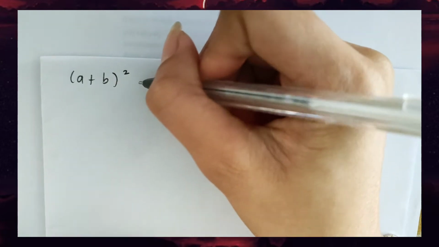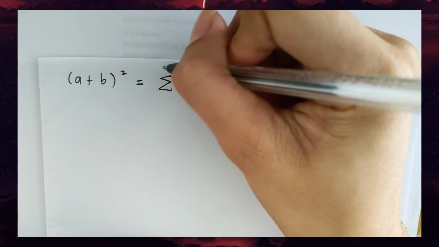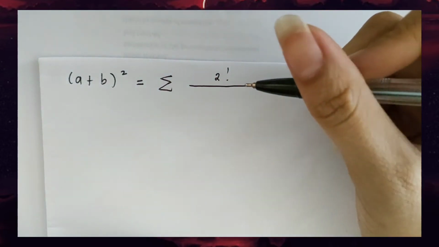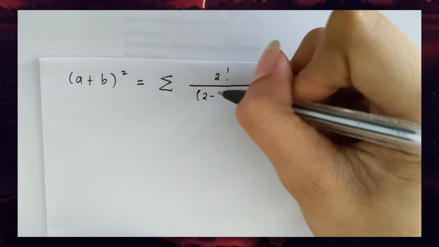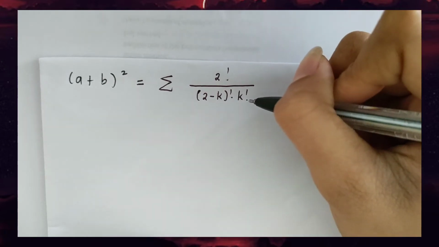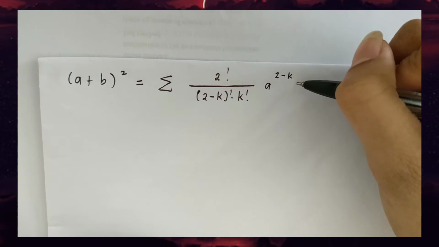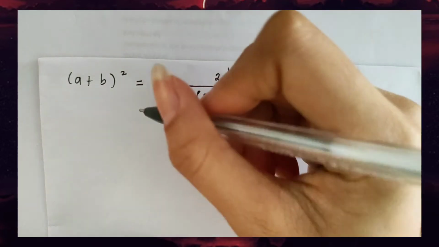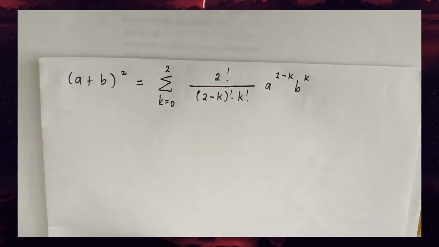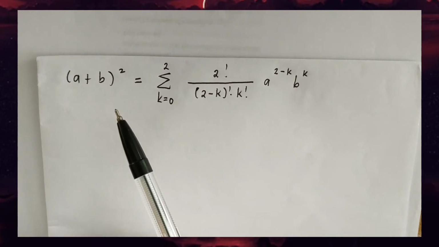This is equivalent to the summation of 2 factorial divided by k factorial times the quantity of 2 minus k factorial, a raised to 2 minus k, b raised to k, from k equals 0 up to 2. This is the equivalent summation notation of the given binomial.